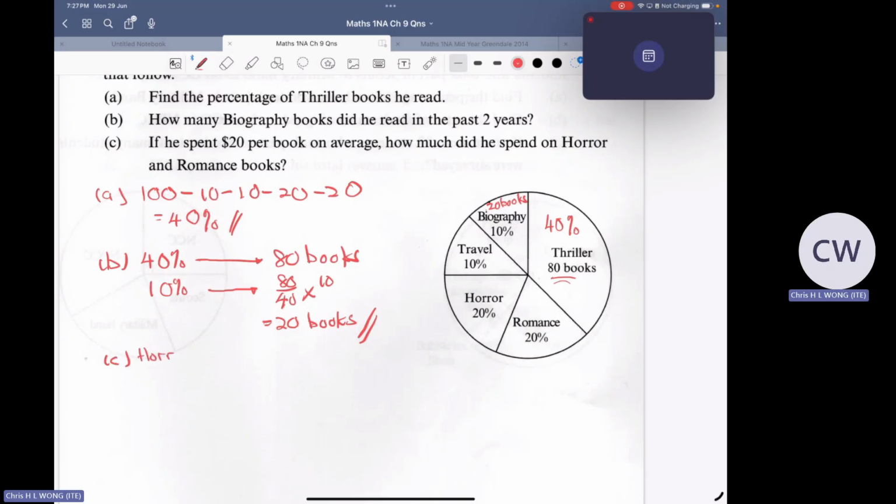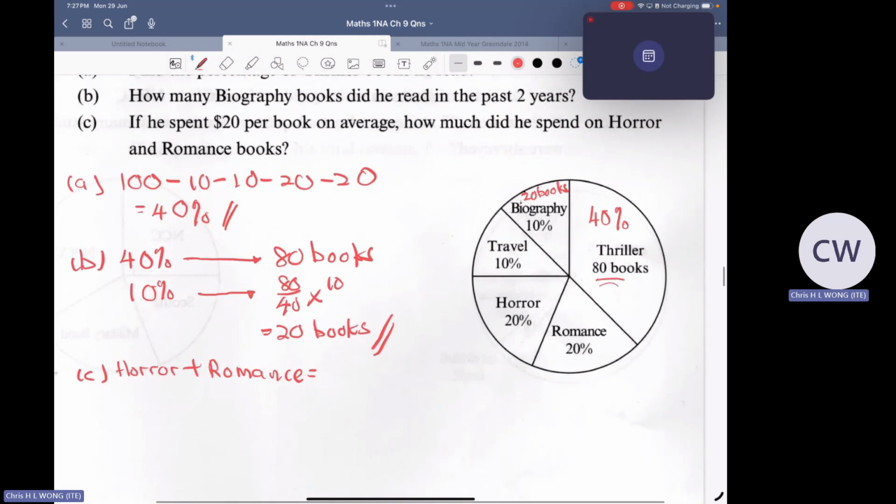Horror plus romance is 20 plus 20. 20% plus 20% gives you 40%. You are supposed to find out how much he spent on this 40% of the books.